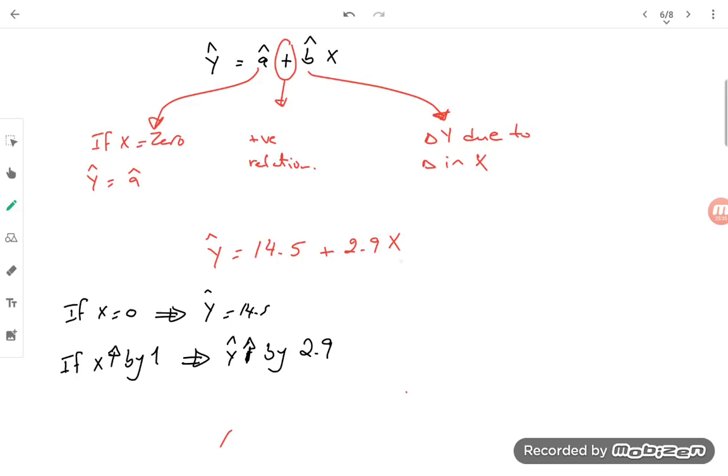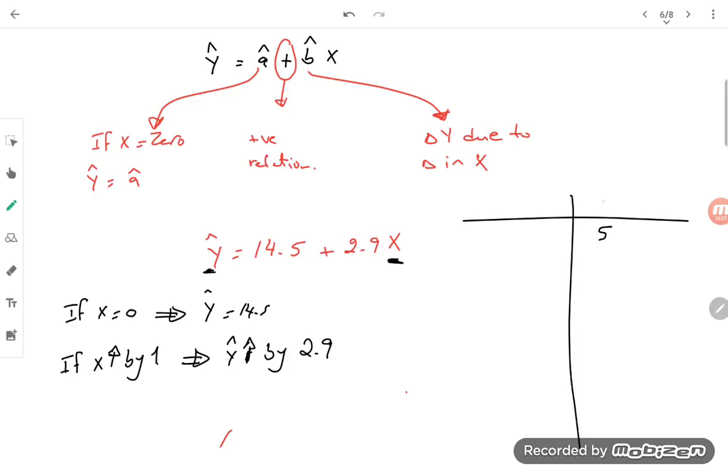Now we can use this equation in order to find the estimated values of the quantity demanded of pizza. So we are going to substitute using the values of x to find y hat.